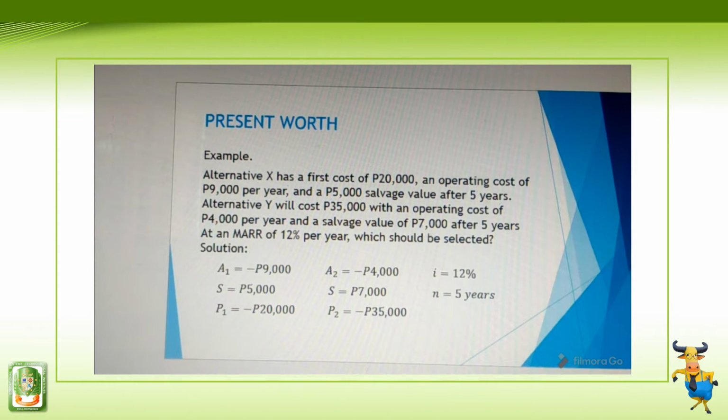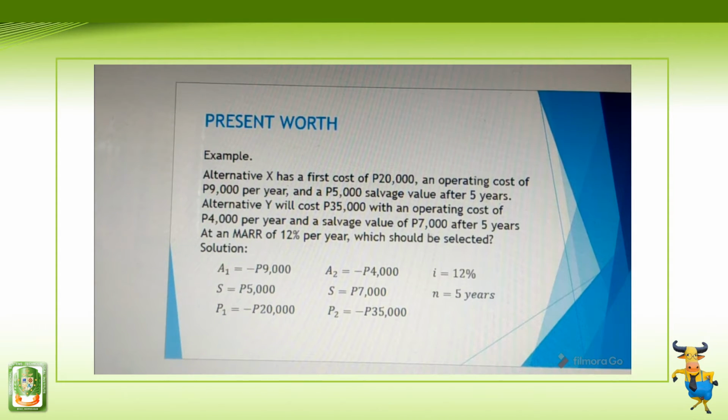So for alternative X, or our first alternative, we have the annual cost of 9,000. It is negative because it's a cash outflow. Now for salvage value, we have 5,000 and its first cost is equal to 20,000, which is negative because it's an outflow.